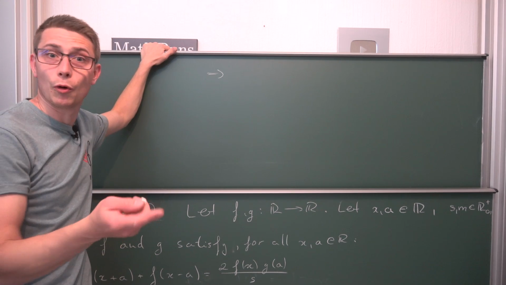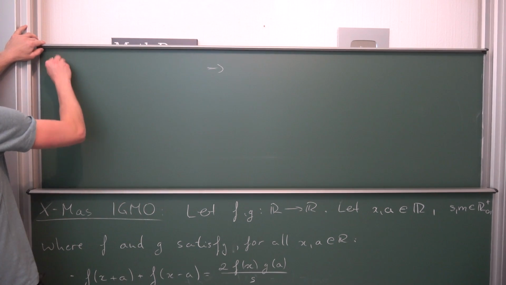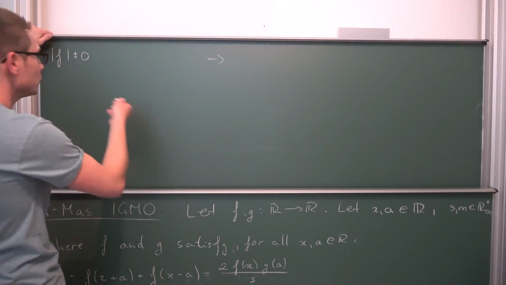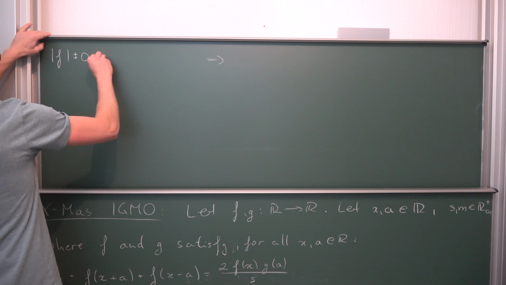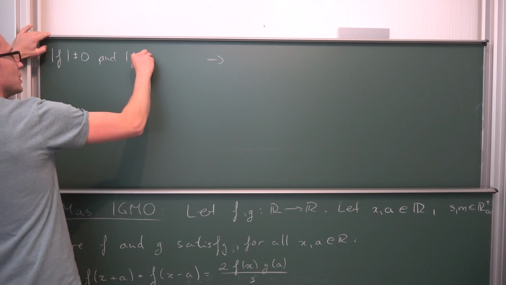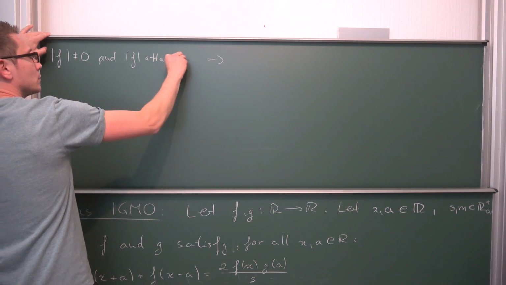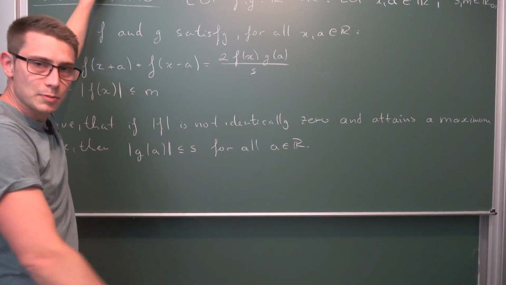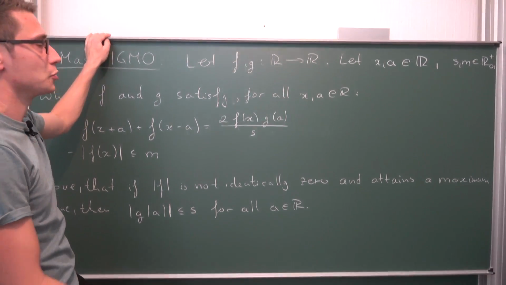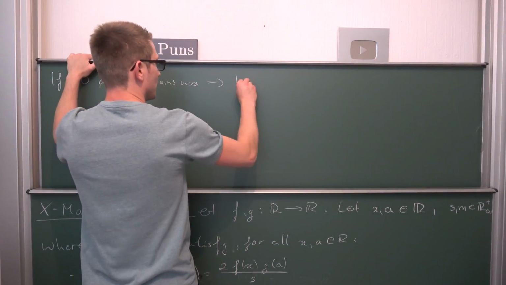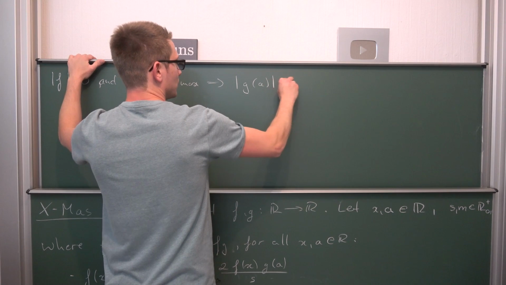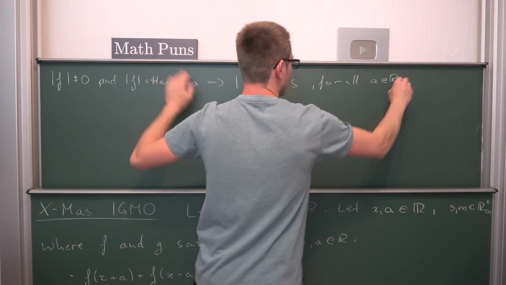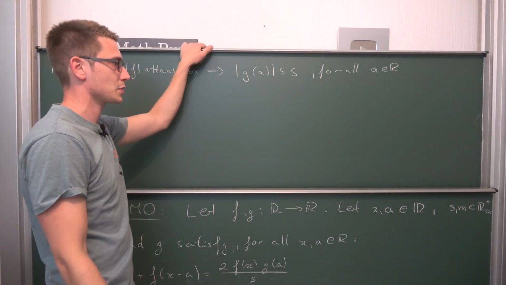Well, if the absolute value of f is not identically equal to 0, and if the absolute value of f attains a maximum, then this does imply, this is the thing that we need to prove, that the absolute value of g of a is less or equal to the positive constant s, for all inputs a out of the real numbers and s out of the positive real numbers.